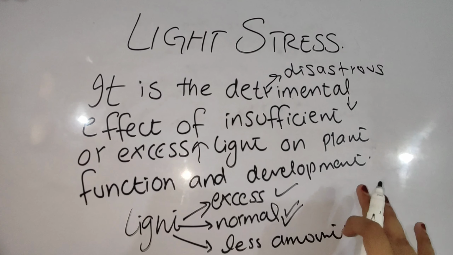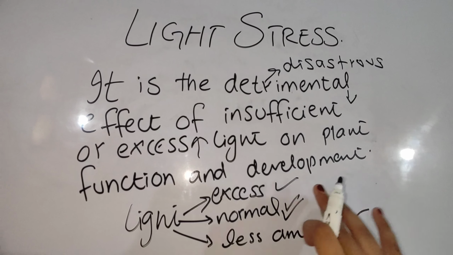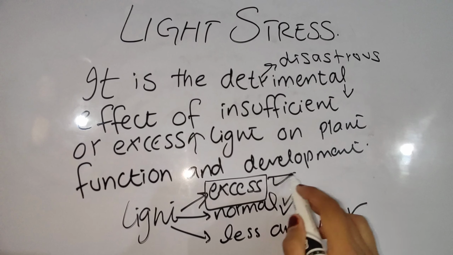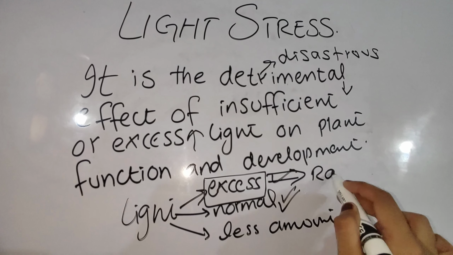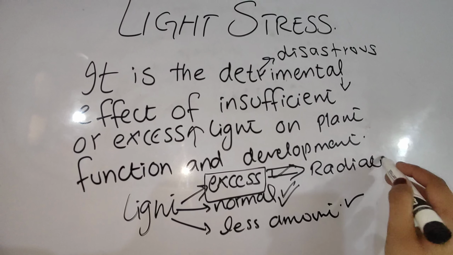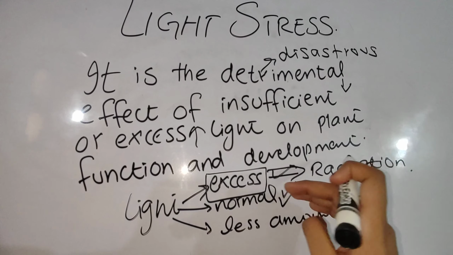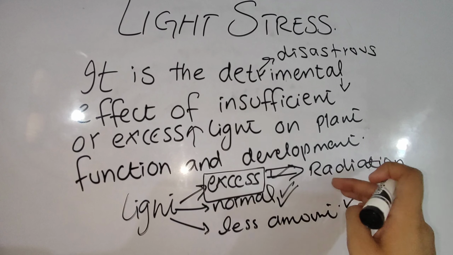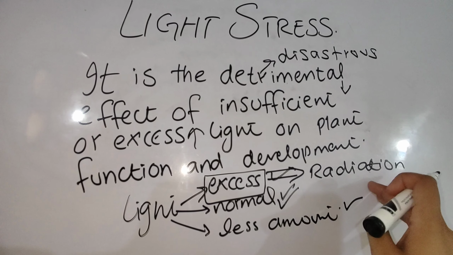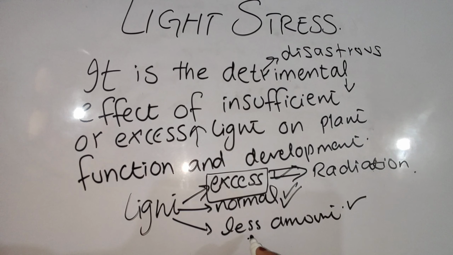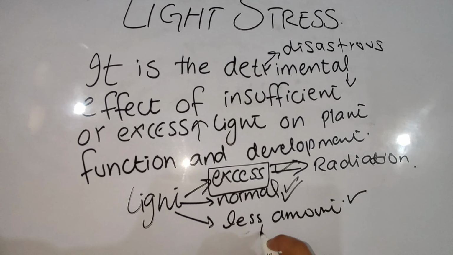In today's video, we are going to discuss the excess phenomenon of light stress on plants, which is also called radiation. Light is all about different kinds of rays. When it is in excess, it emits lots of radiation that ultimately disturbs the natural phenomena of plants. When it is in less amount, it could be shade.